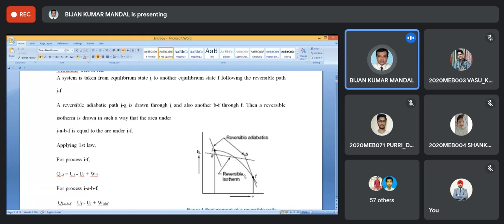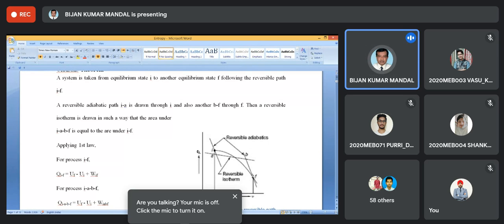Instead of going from I to F directly, we go from I to A, an adiabatic process, A to B, an isothermal process, and B to F. We follow the process IABF, a combination of two adiabatic processes and one isothermal process, such that the areas are the same. This tells you that the work done in both cases is the same.